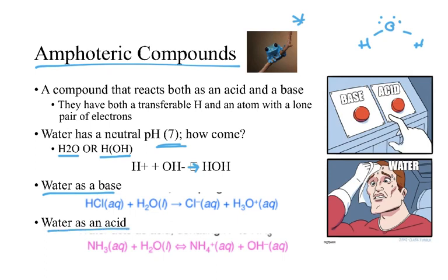Whereas when water acts as an acid, water reacting with ammonia, it's actually going to give away its hydrogen, and we're going to get that ammonium ion, NH4+, and OH-. So water works both ways. It works as an acceptor and it works as a donor, and that's what our amphoteric compounds are, right? Could go either way, depending on the situation and depending on what it's reacting with.